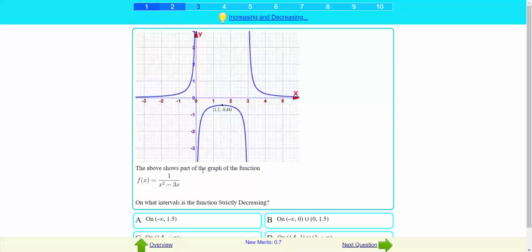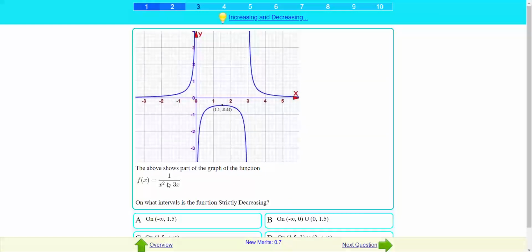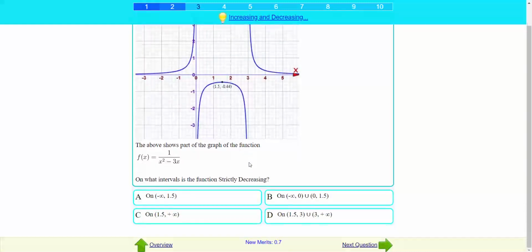The above shows part of the graph of the function. In what intervals is the function strictly decreasing? Strictly decreasing. Like, this is not it, this is increasing. So we've got this part here from 1.5 until, so it's like 1.5 until infinity.